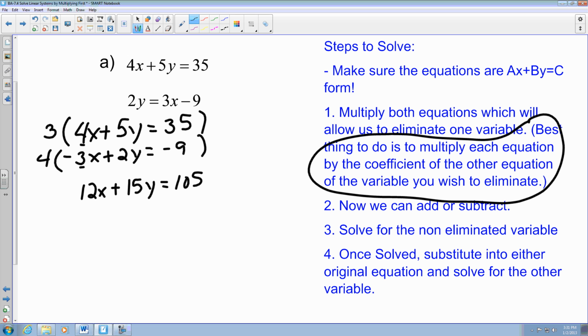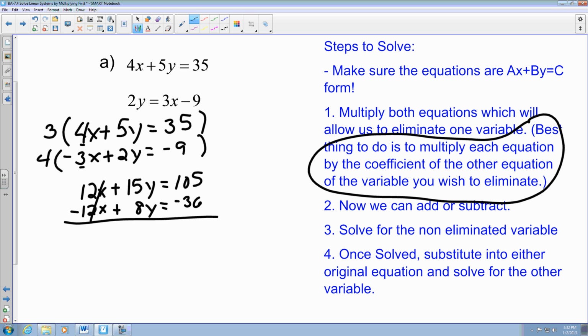And for the second equation, 4 times -3 is -12x plus 8y equals -36. Now that I know they're opposites, I'm going to eliminate the x, which means I'm going to add both equations.